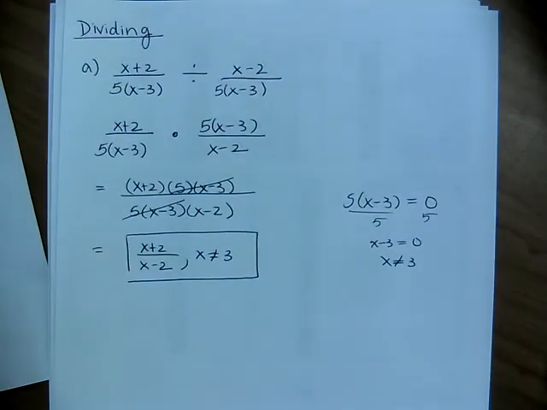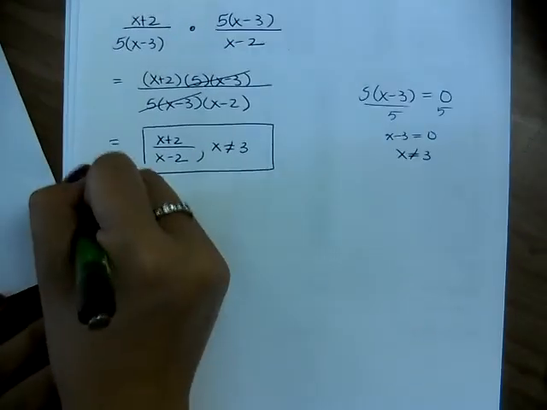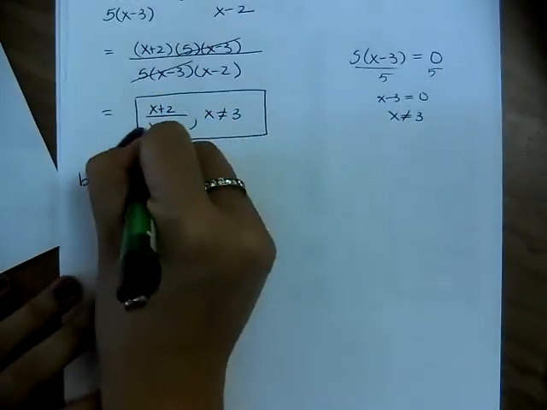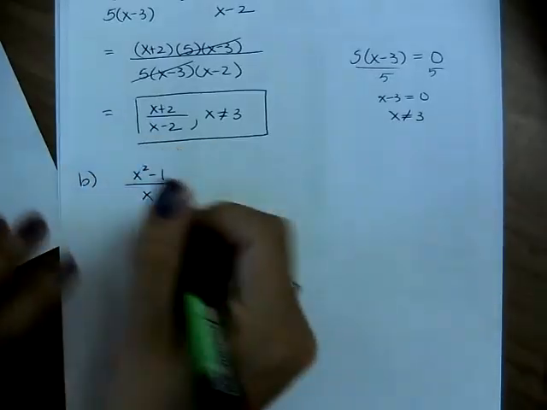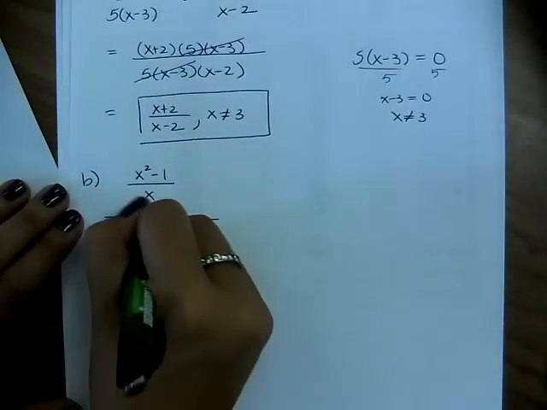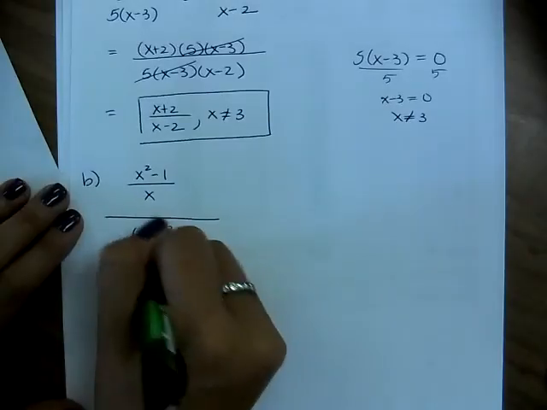Good news, we're on the last one. Okay, x squared minus 1 over x divided by x minus 1 squared over x.